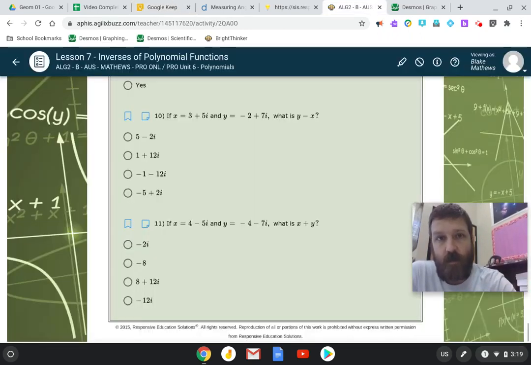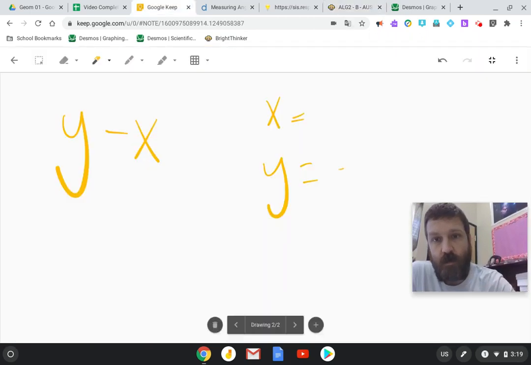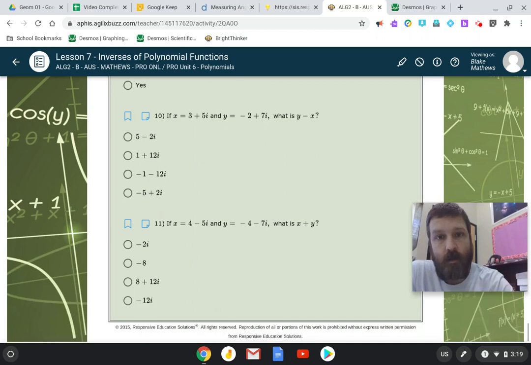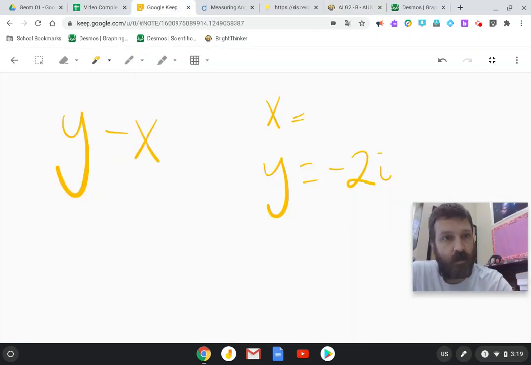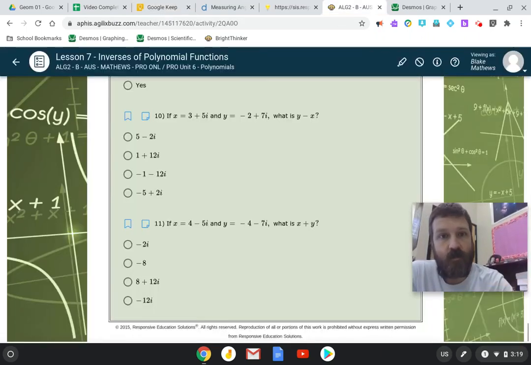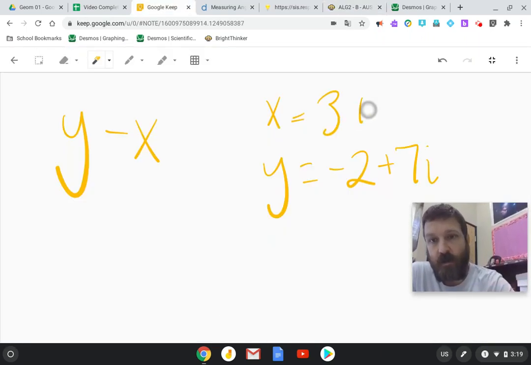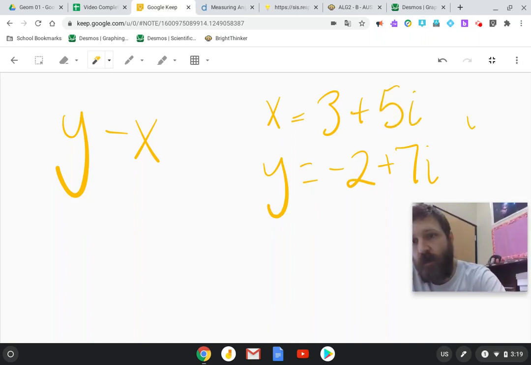They tell us that y equals negative 2 plus 7i, and x equals 3 plus 5i. If you remember, i is just an expression we use for the square root of negative 1.